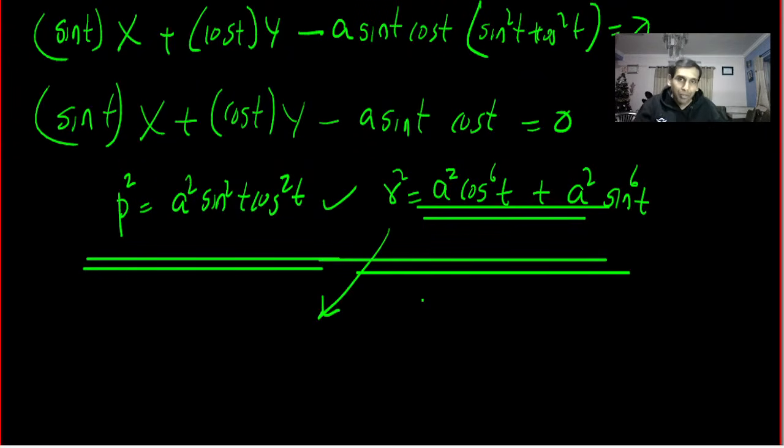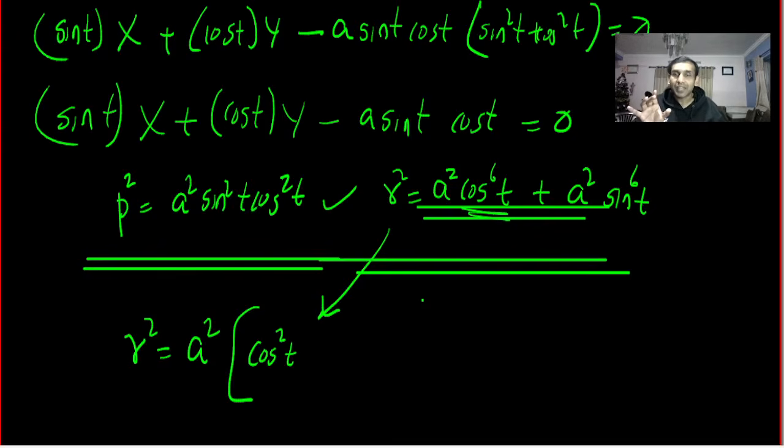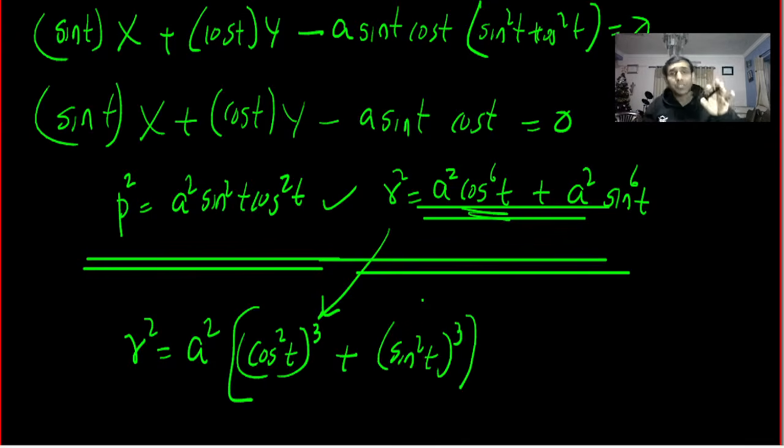So can you see, I'm going to write this r square as a square comes common. Can I write cos to the power 6 as cos square t the whole cube plus sin square t the whole cube? Of course, you can use any method to destroy t, but I'm going to use this particular method.